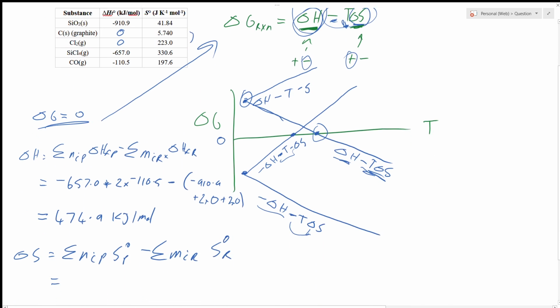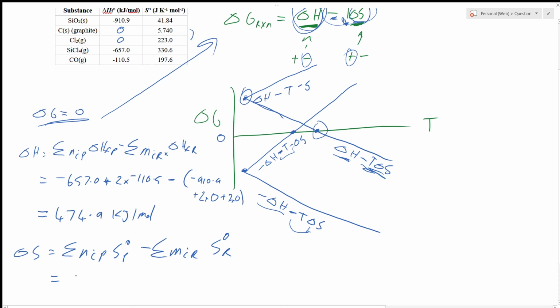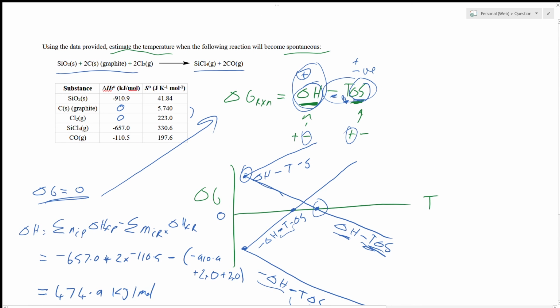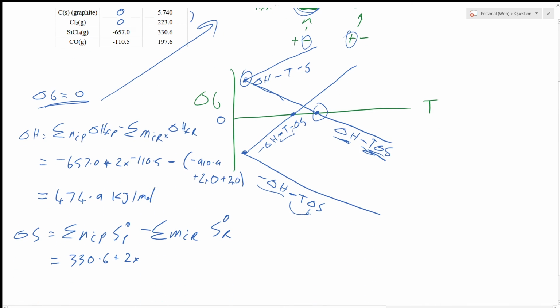So again, we need to do our sum there. So there is 1 silicon tetrachloride. The entropy of that is 300.6. We have 2 carbon monoxides, and the entropy of those is 197.6.